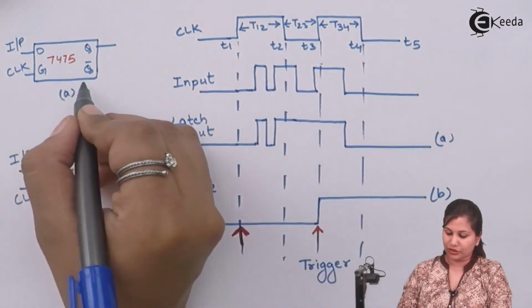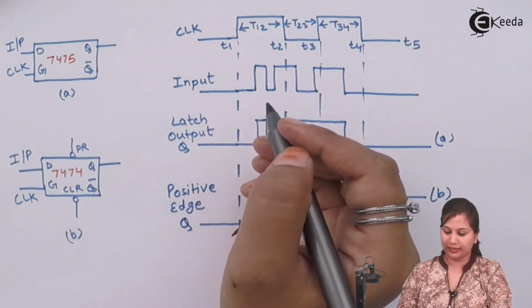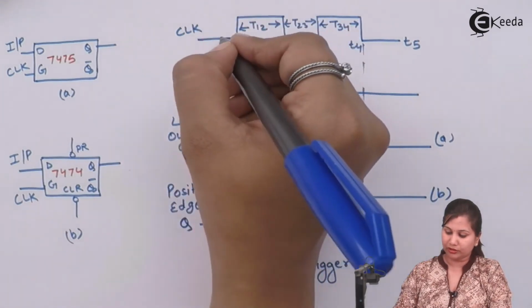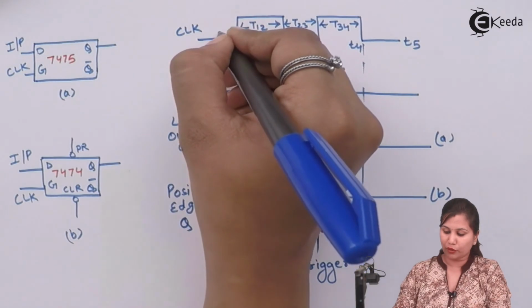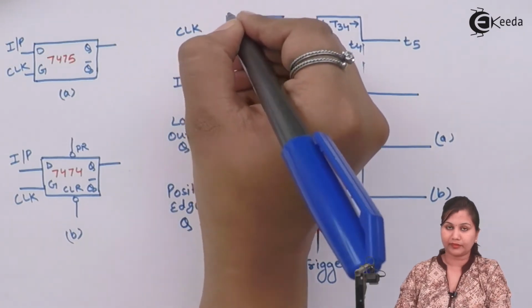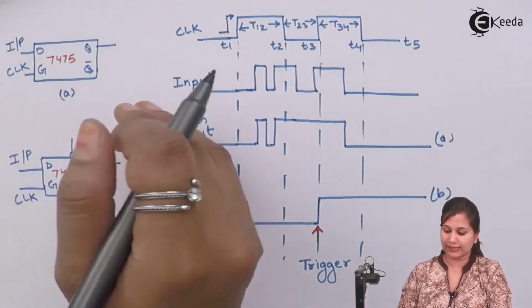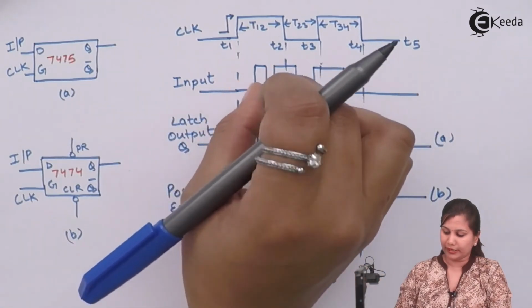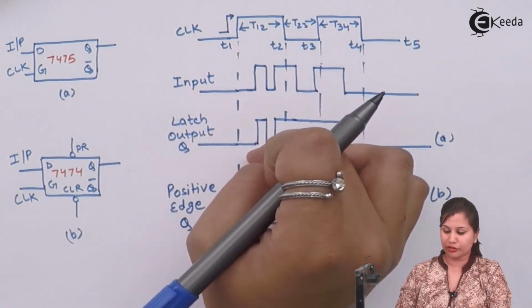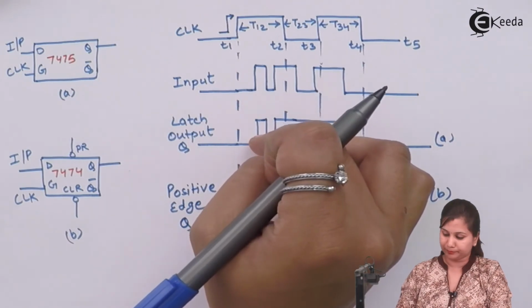Now this latch is a level triggered latch. That is, whenever the level of the clock cycle changes from low to high, the output will change according to the input.